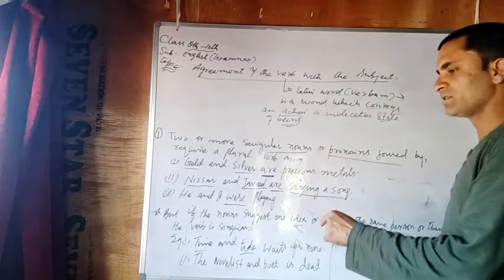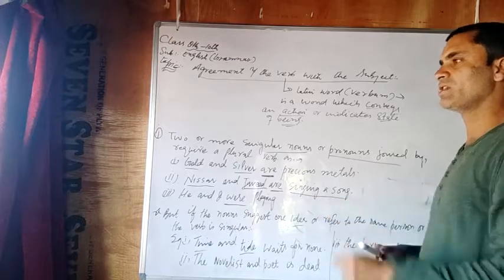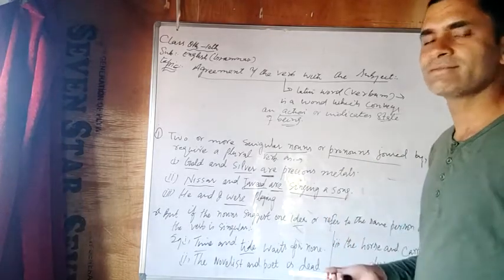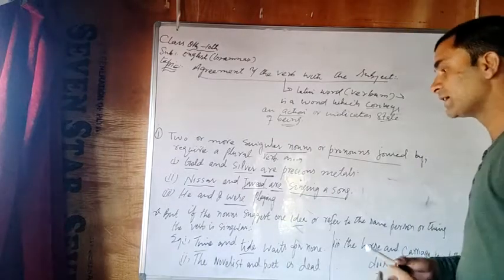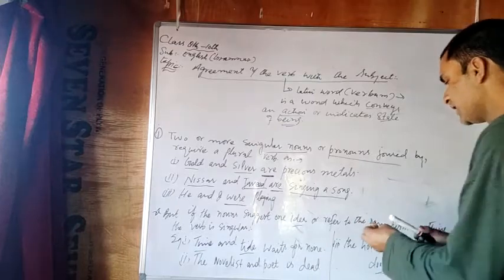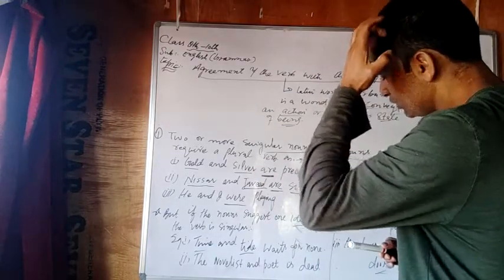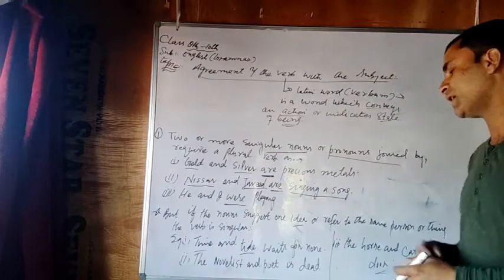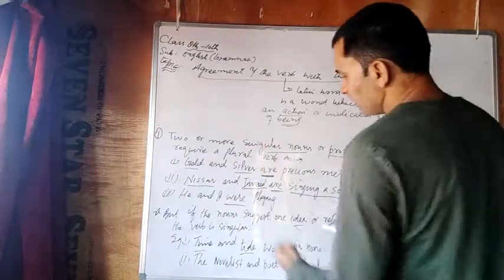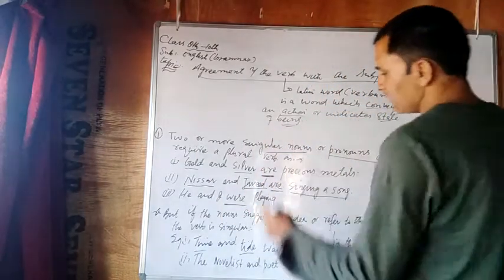That person is a dramatist and a poet, or a philosopher as well as a teacher. When the idea refers to the same person or thing, even with two or three different nouns, they take a singular verb, not a plural verb.